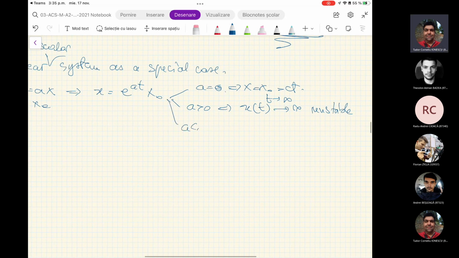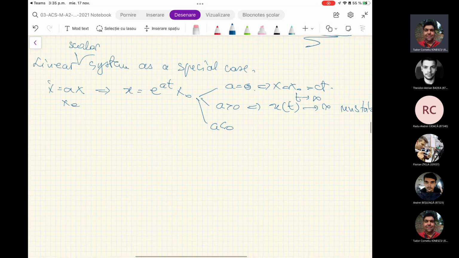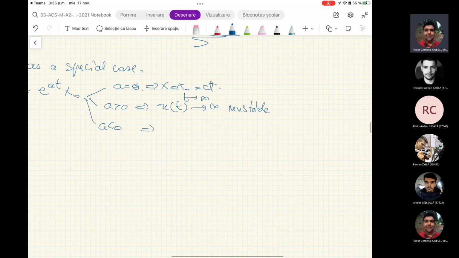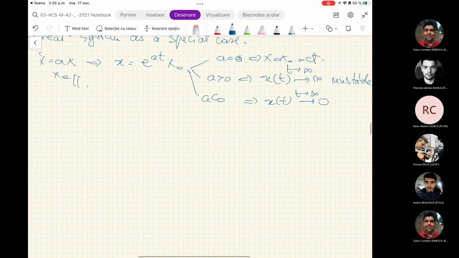And if a is negative, then x of t goes to 0 as t goes to infinity. But what is 0? From this system, the equilibrium point is x star equal to 0, unique. This is the unique equilibrium point.